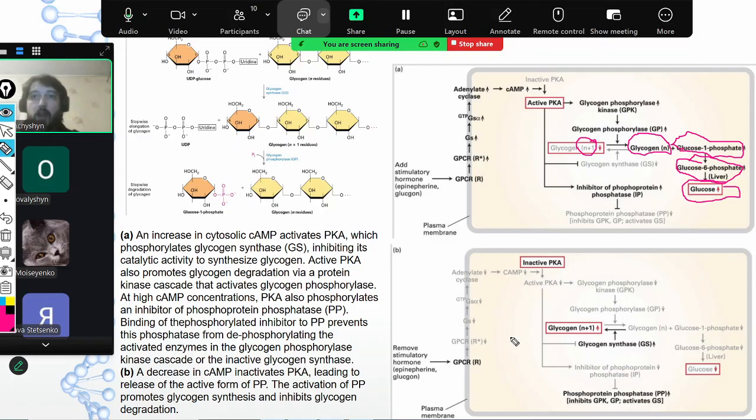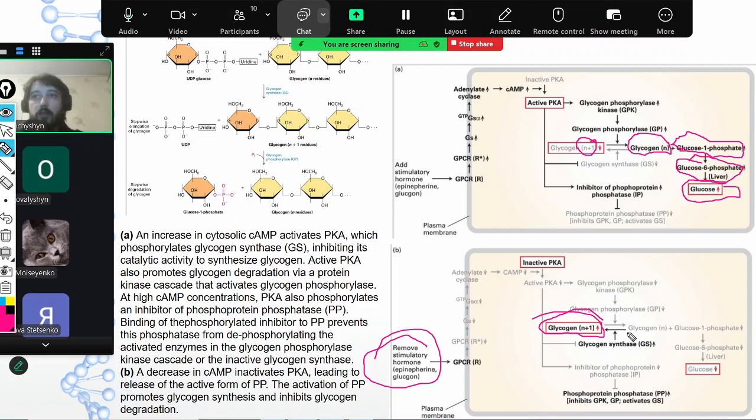And here is another pathway. If we remove that stimulatory hormone, the pathway turns off, and we have once more generation of the glycogen favored to the destruction of the glycogen.